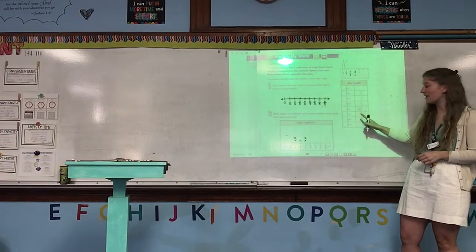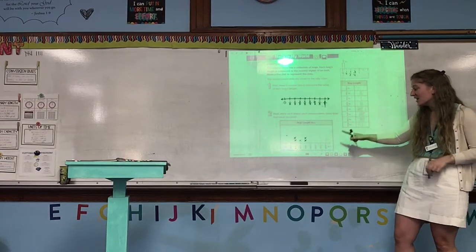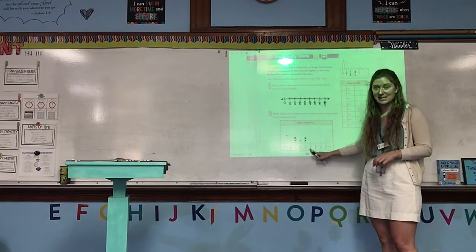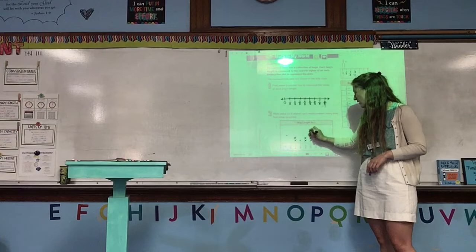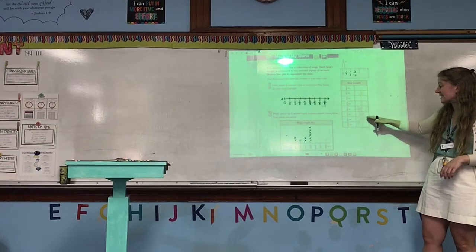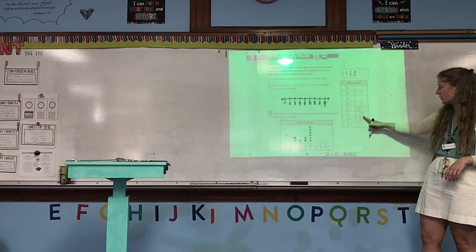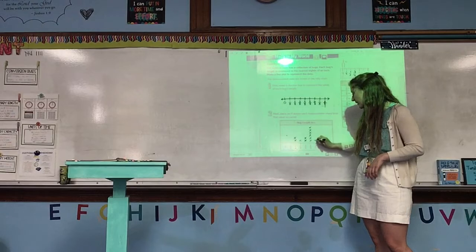For 5/8 of an inch, there was 1, 2, 3, 4, 5, 6. So that means we're going to put 6 X's above 5/8. For 6/8 of an inch, we have 1, 2, 3, 4, 5 bugs. So we're going to put 5 X's above 6/8.